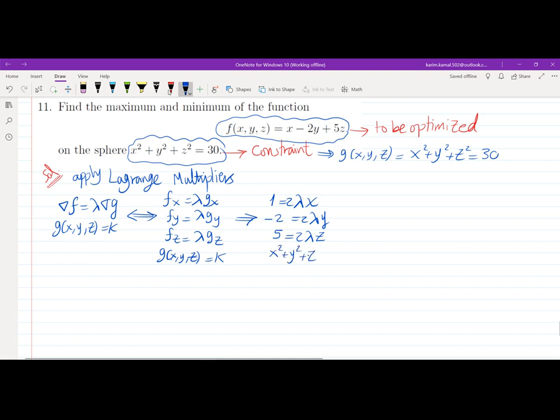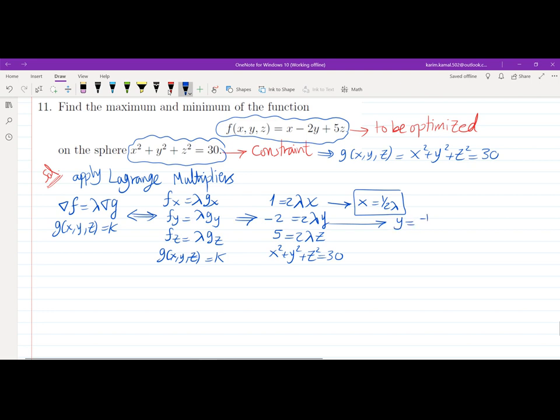From this equation, you can find that x equals 1 over 2 lambda. And from this one, you can get that y equals negative 1 over lambda.